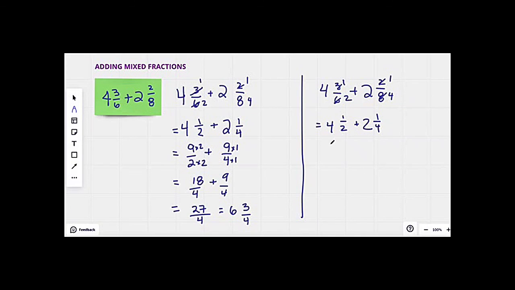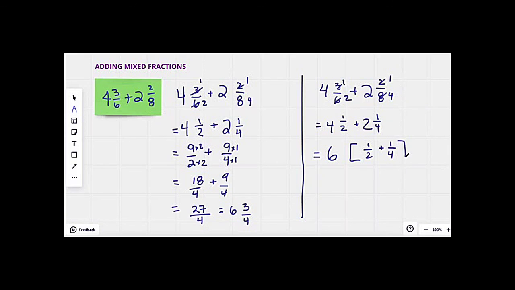Okay, so like we said, in this method, we're actually going to add the whole numbers together. So we're going to end up with a 6, and then you can have a little bracket to separate the rest of the fraction. So we have 1/2 plus 1/4.